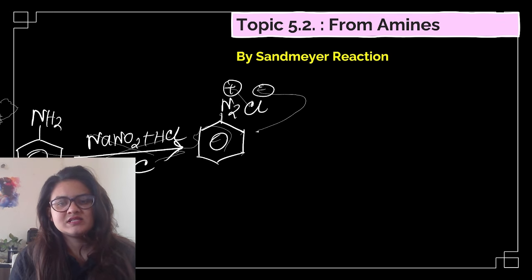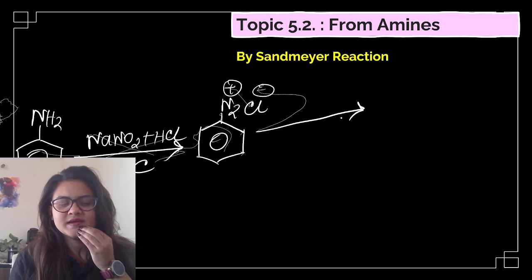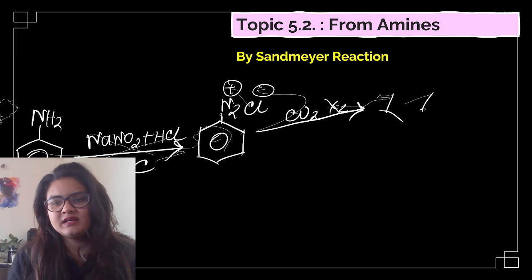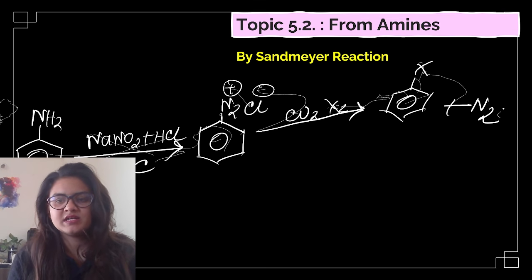Now if this benzene diazonium chloride is treated with, let's say, Cu2X2, like Cu2Br2, then this entire N2Cl- will be released with the substitution of X, plus you will get nitrogen gas. I guess it is clear to you.